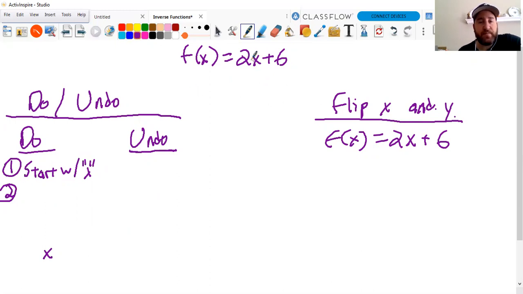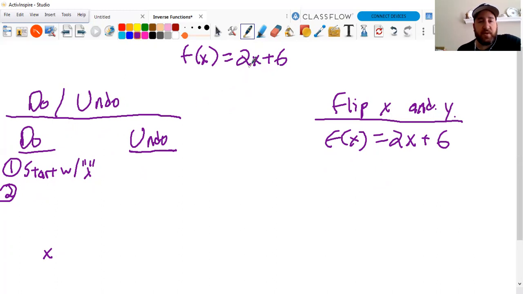The 2 in front of the x, that coefficient, we know is multiplying. So I'm multiplying by 2 and I'm adding 6. Those are the two steps; we'll figure out the order in a second for the do. And then the opposite of those, dividing by 2 and subtracting 6, will be the undo, and ultimately those are going to be the operations I do over here algebraically when I am trying to solve over here.